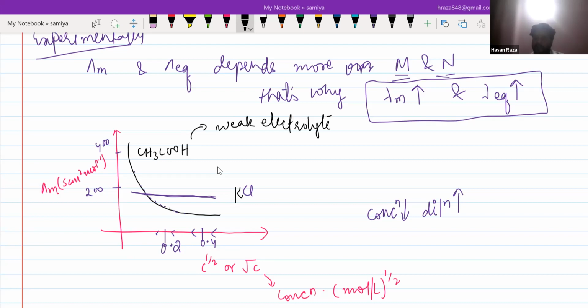But in the case of a weak electrolyte, there will be production of new ions due to the dilution, infinite dilution. That's why the variation of molar conductivity in a weak electrolyte is very much larger compared to that in a strong electrolyte.